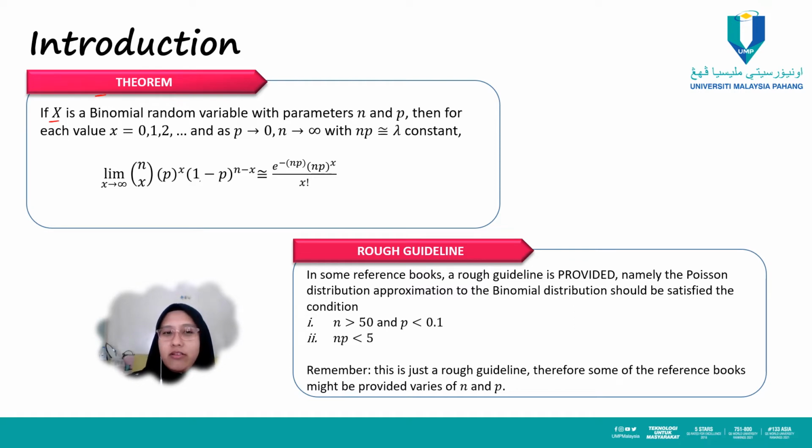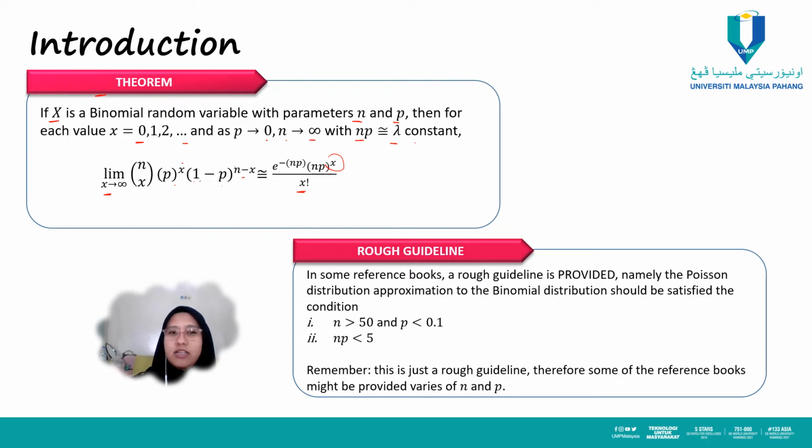If X is a binomial random variable with parameters n and p, then for each value x from 0 until infinity, as p is close to 0 and n tends to infinity, with n multiplied by p approximately close to the constant lambda, the formula is: the limit of nCx multiplied by p to the power of x multiplied by (1 minus p) to the power of n minus x is approximately e to the power of minus np multiplied by (np) to the power of x over x factorial.